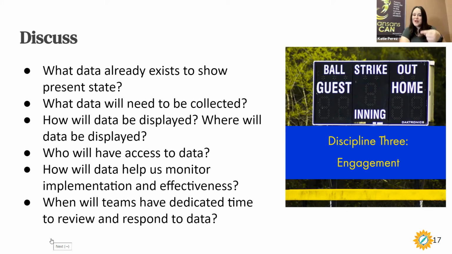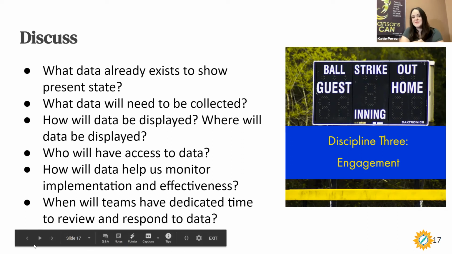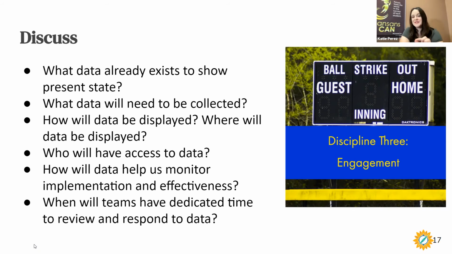I'm actually going to go right back to that second to last bullet. How will the data help us monitor implementation and effectiveness? The point of the scoreboard is not to simply tick off every single time you've done an action towards your goal. So let's take the example of a school doing soft starts. We are not solely looking at how many soft starts did we do in a week.